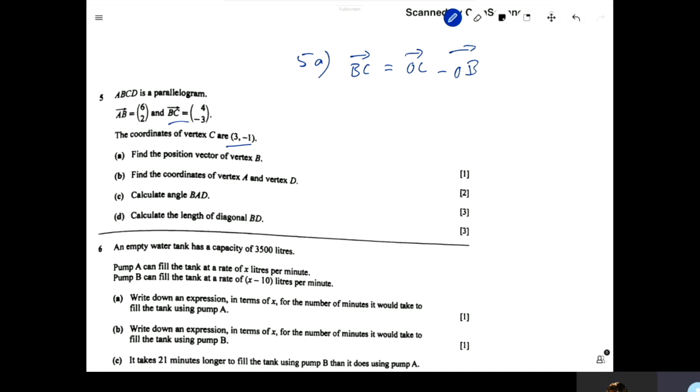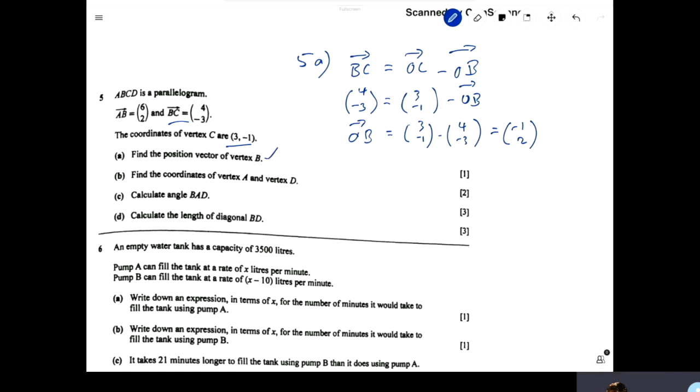So BC given is 4, negative 3, which equals OC, which is 3, minus 1, minus OB. So if you want to find OB, it's 3, minus 1, minus 4, minus 3. Which will give us minus 1, 2. Okay, so OB is just negative 1, 2.